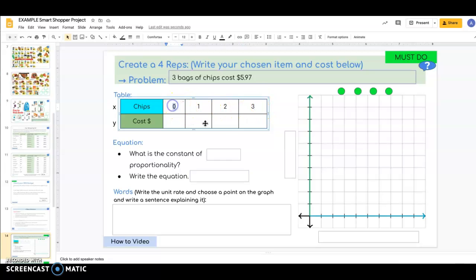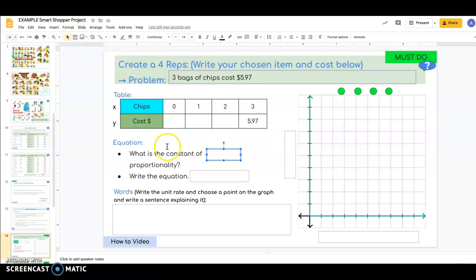It's important to make sure that you're using 0 so you can identify whether or not it goes through the origin. So reading my sentence, I'm going to start with 3 bags of chips, cost $5.97. So here's 3 bags of chips. The cost would be $5.97.